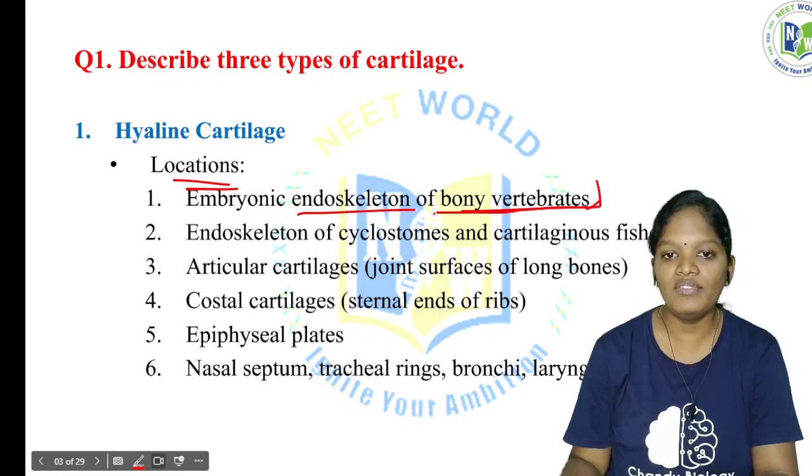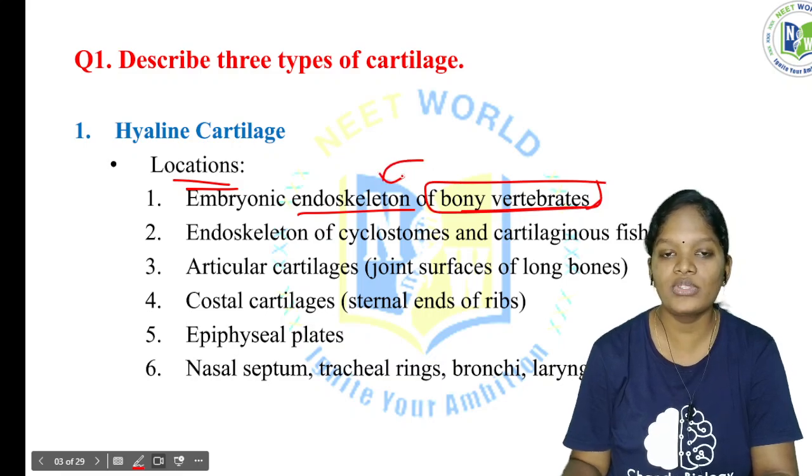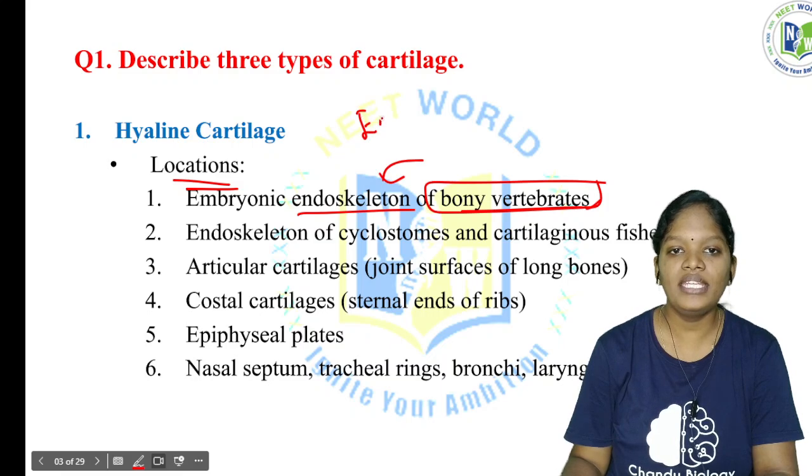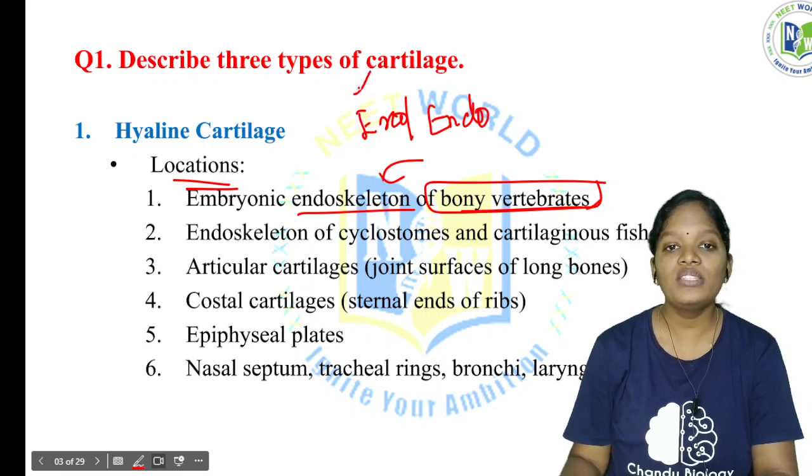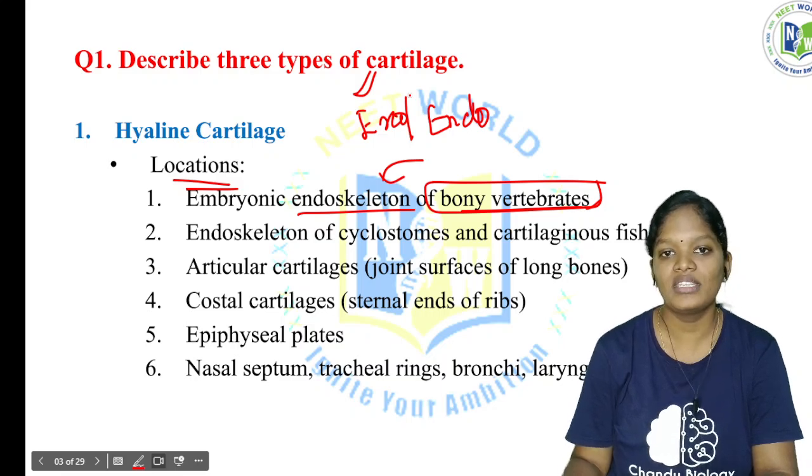Bony vertebrates have a skeleton, more specifically the endoskeleton. We have two different types of skeleton, exoskeleton and endoskeleton. Exoskeleton means the skeleton which protects the body by being present outwards.